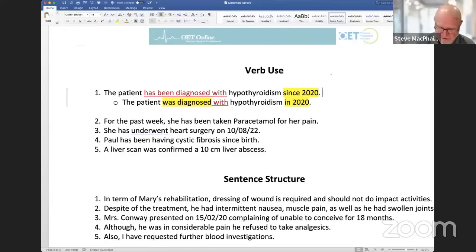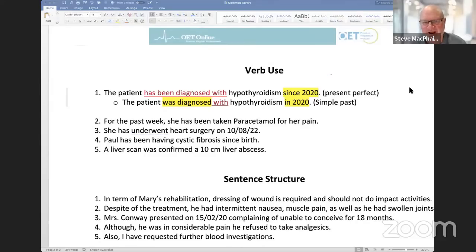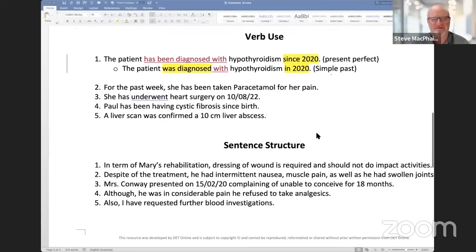You have to know the difference between present perfect to describe something that's happened over time, and simple past, which focuses on the actual diagnosis date. All right, so that's how we fix it. Remember, your verbs and your time markers need to be in alignment. It can get pretty tricky and requires that awareness, because if you make verb tense errors, it's very confusing when you're summarizing a patient's timeline.